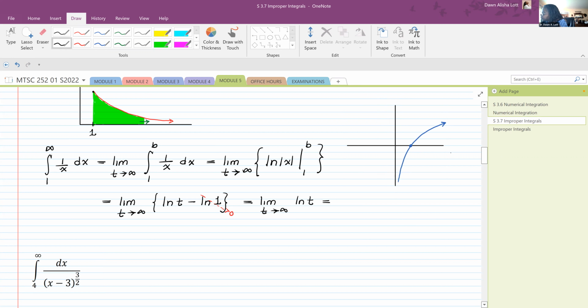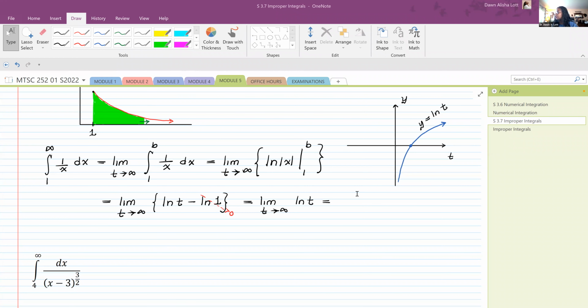So if this is t, and this is y equal to the natural log of t, it's going to infinity. So this limit goes to infinity. So that is not a number, it's infinity. So this integral diverges.